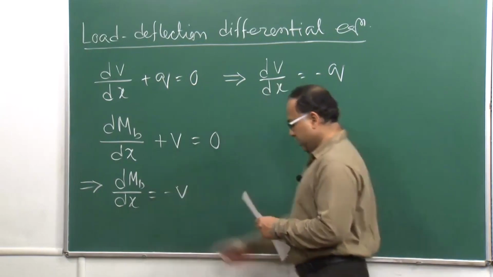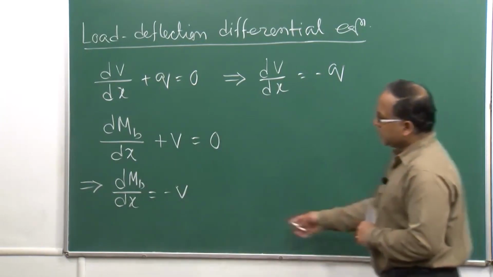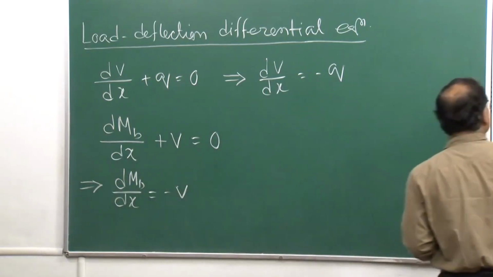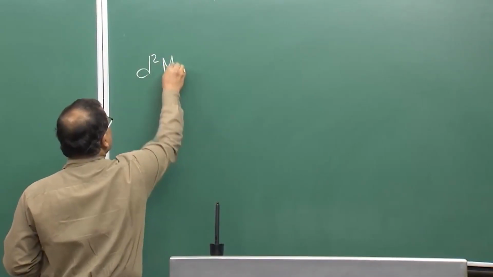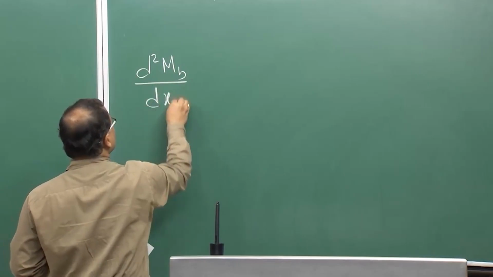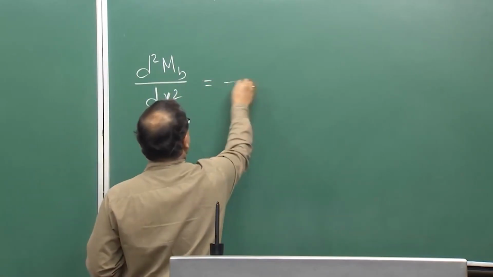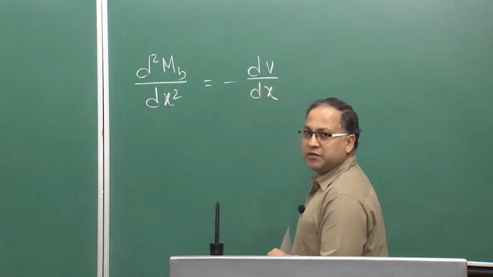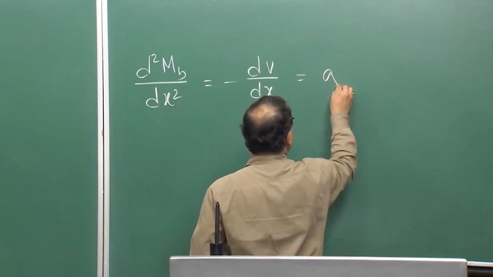So, if we take the derivative with respect to x on both sides, we get d2M_b/dx2 equals minus dV/dx. Now, minus dV/dx is nothing but q.